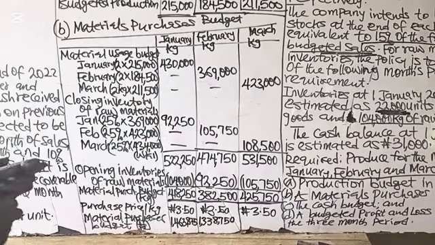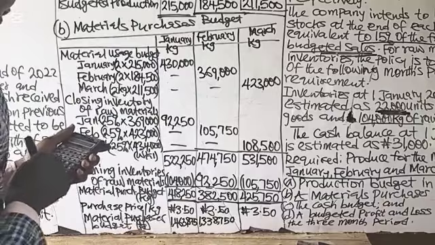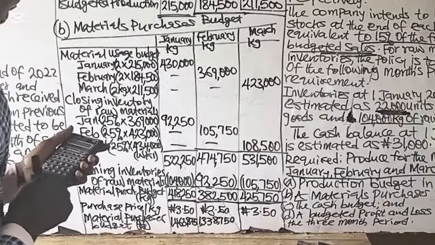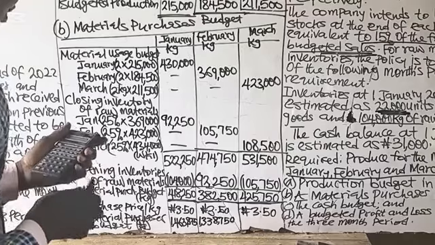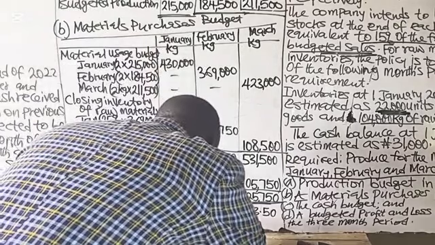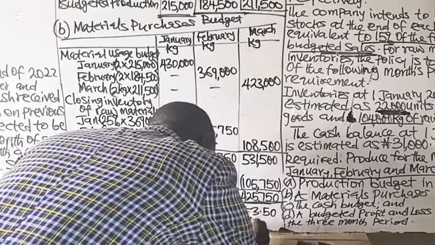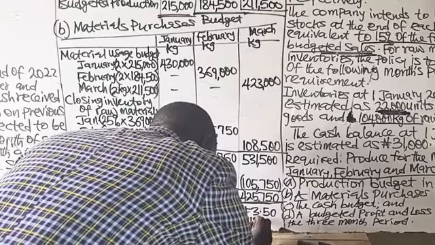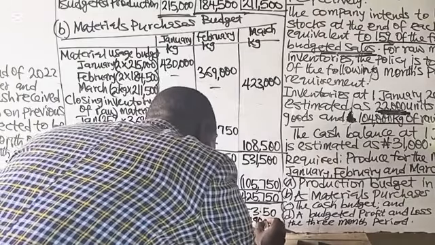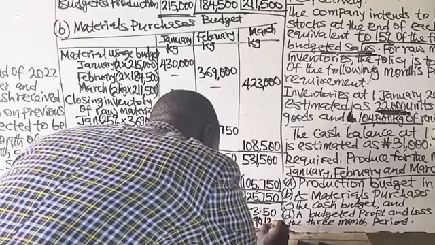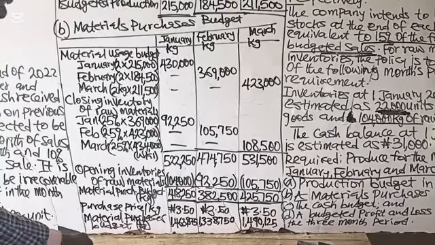Then for the month of March, we have 425,750 times 3.5, which gives us 1,490,125. That is the material purchase budget.